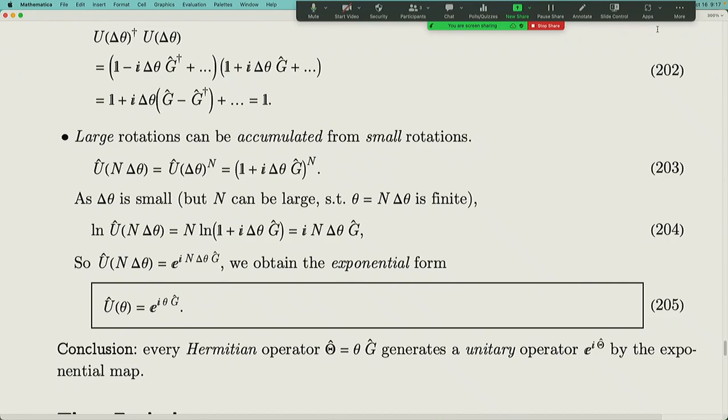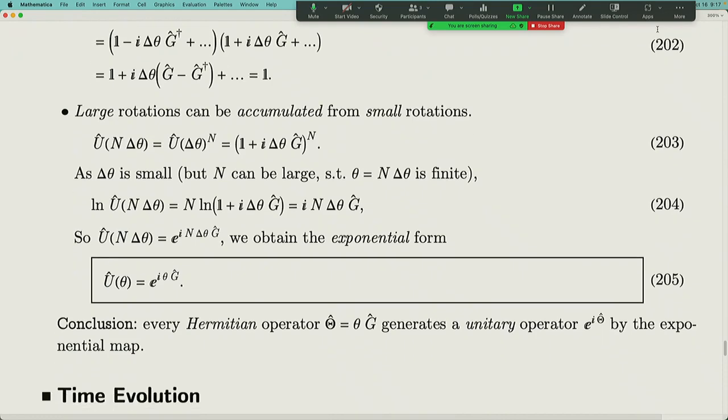So all this discussion is trying to show the fact that every Hermitian operator, which previously I wrote as theta, but here I wrote as G, but there's no big difference. G is called the generator, and theta is the angle times G in this expression. Because previously we said everything above the exponent is a Hermitian operator.